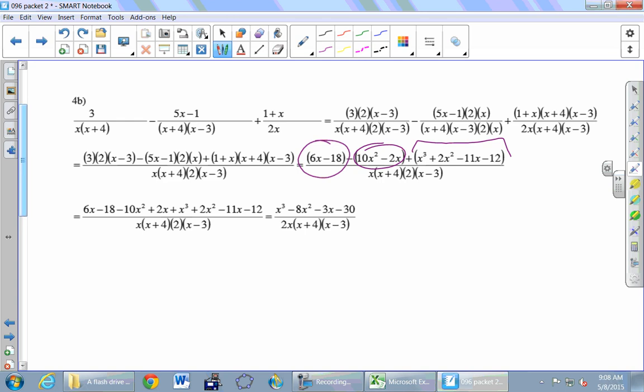And then we've got like terms up here, don't we? Right, I can maybe get rid of all these parentheses. The 6x minus 18 gets copied, but that subtraction sign changes everything in the middle parentheses. Yeah? So it becomes minus 10x squared and then plus 2x. That is there, right?